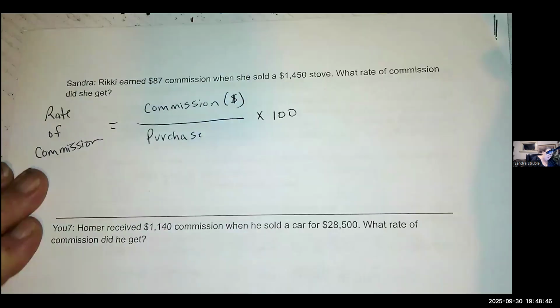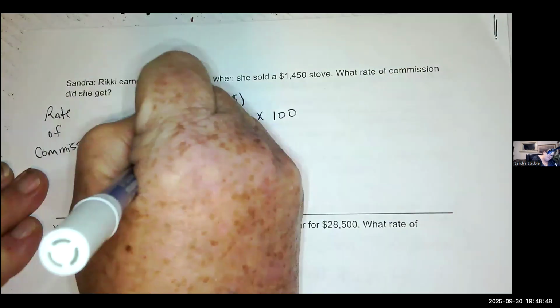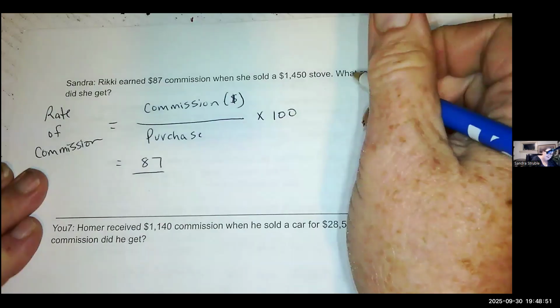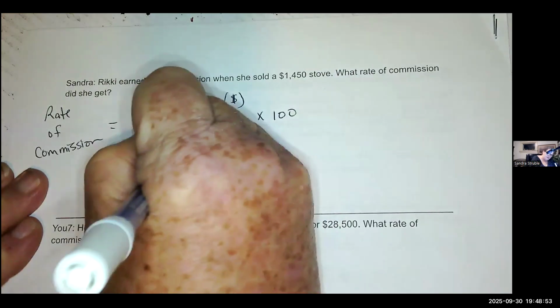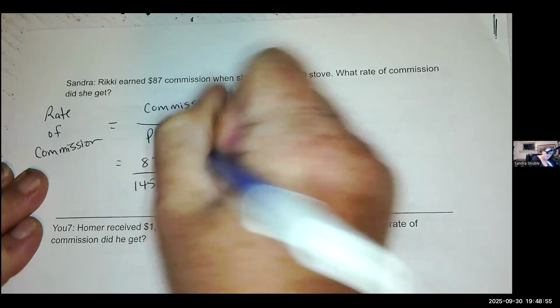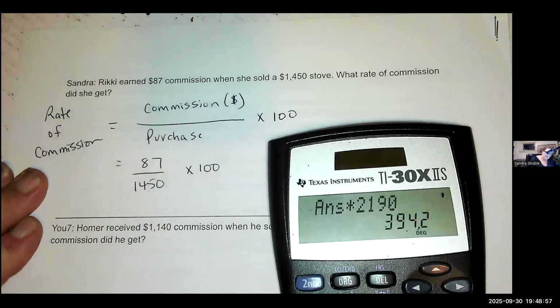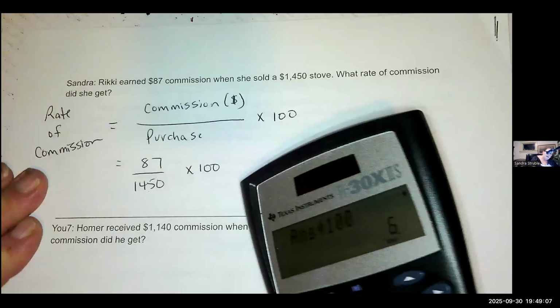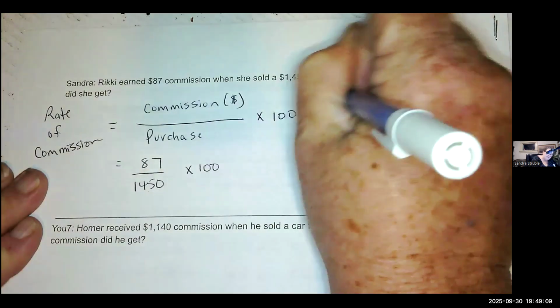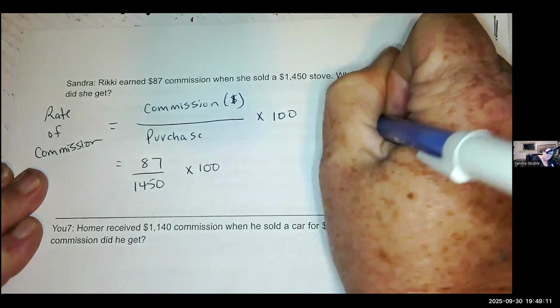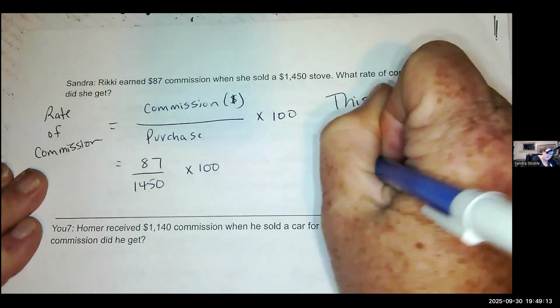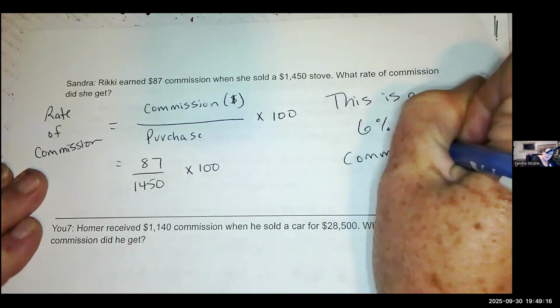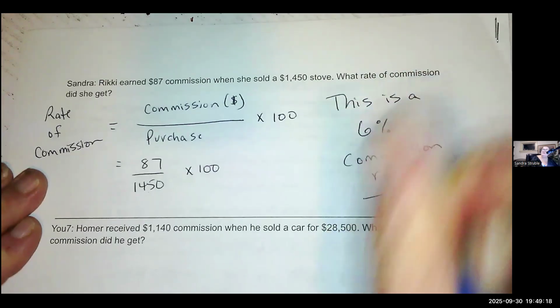So the commission dollar amount here is 87. The purchase price of the stove that she sold was $1,450. And we're going to have to multiply that by 100. So I'm going to start with 87 divided by 1,450 equals, and then change that decimal to a percent by multiplying by 100. And I got 6% commission rate, or rate of commission, however you want to say it.